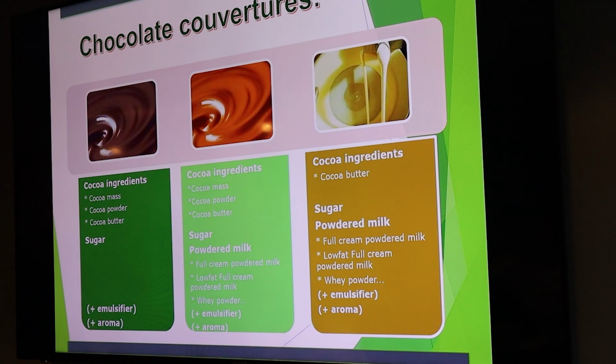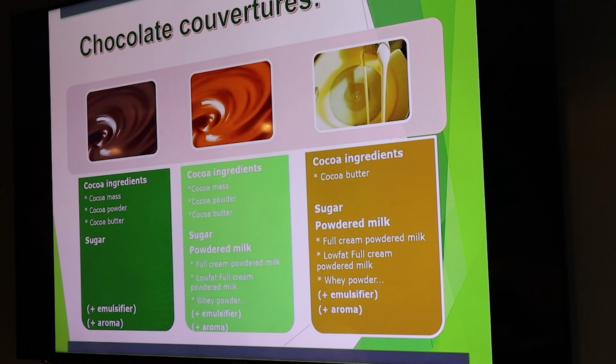Think about those things also for the customer when they store the product, especially milk and white chocolate. Don't put it in front of the window and don't put too much light on it, because from a quality perspective, if you have too much light, it will create oxidation.